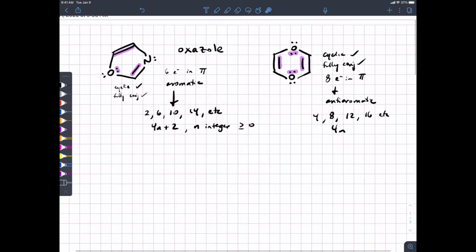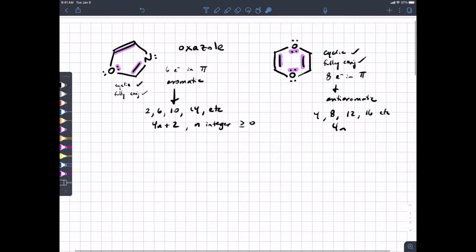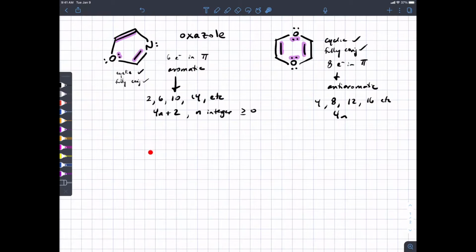Yes? Does the 4n plus 2 rule apply for polycyclic systems? Yes. Though you can get a bit confused as to which electrons count for which ring, and so you don't worry about it. Actually, you just count the total number of pi electrons: 2, 4, 6, 8, 10, 12, 14, 16.